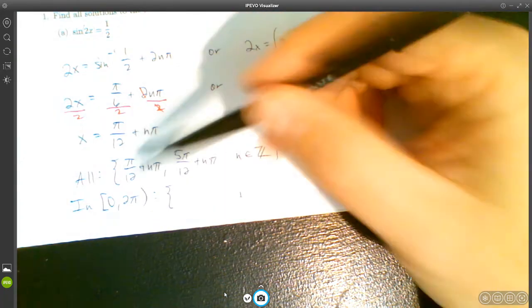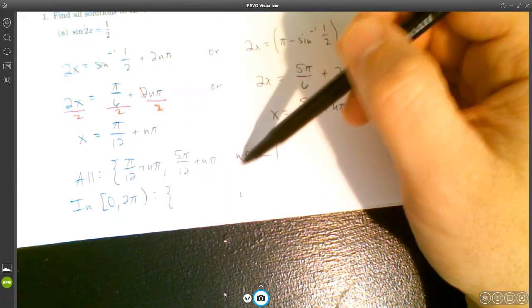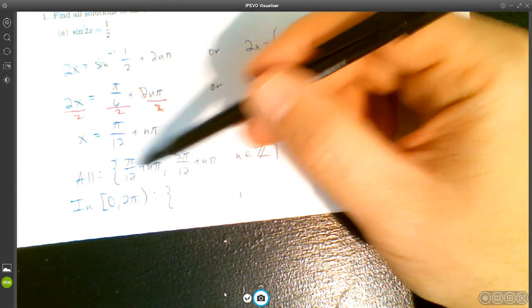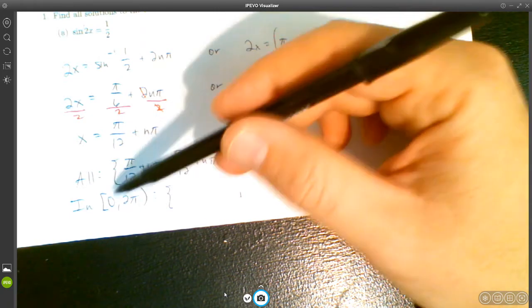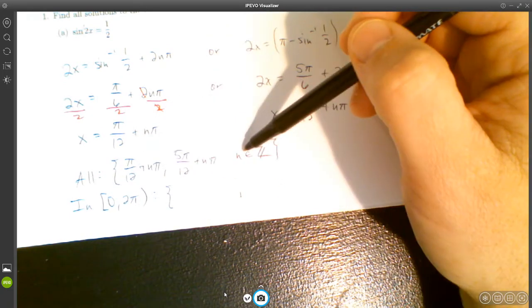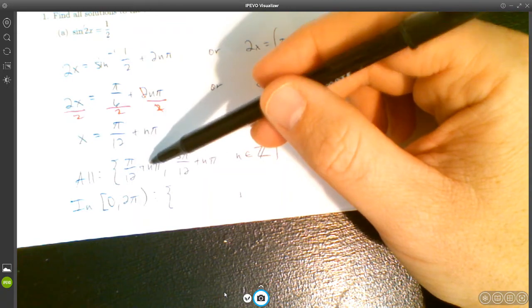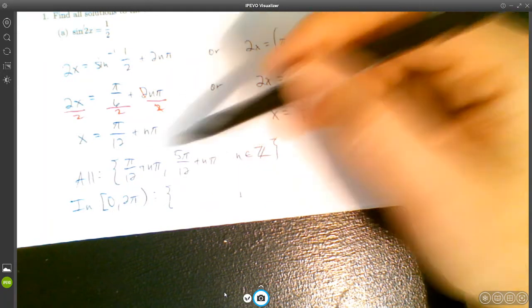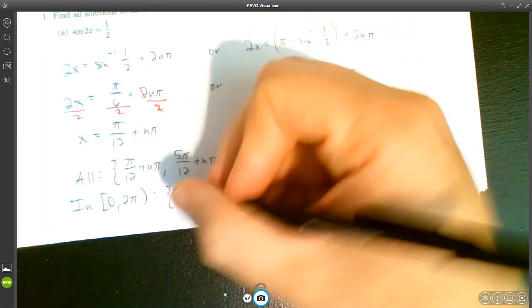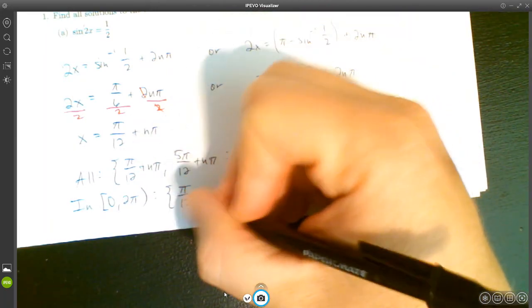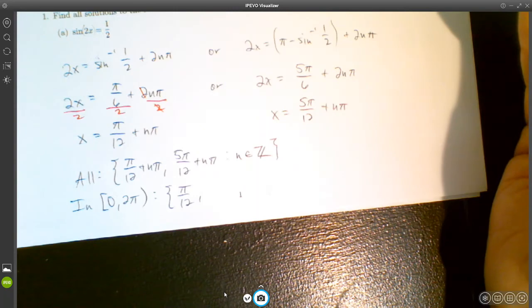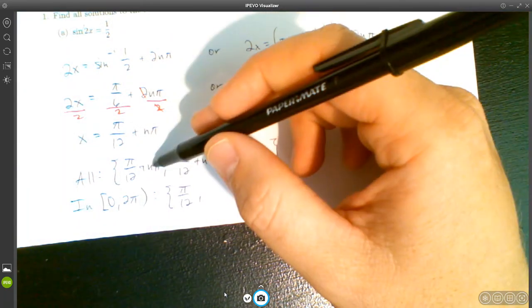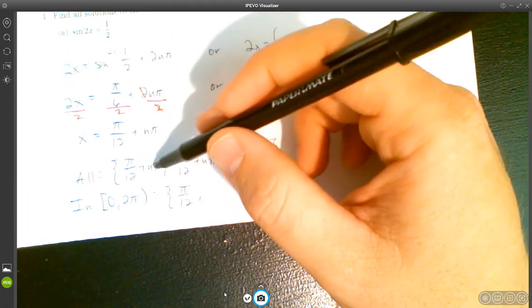So focusing on the pi over 12 for a second, if I plug in a -1, I'm going to get pi over 12 minus pi. That's going to be something less than 0. So plugging in -1 isn't going to generate a solution that lives inside of this interval. If I plug in 0, then I get pi over 12. That's in the interval for sure. If I plug in 1, then I get pi plus pi over 12.